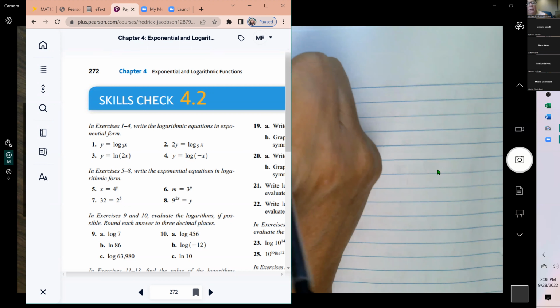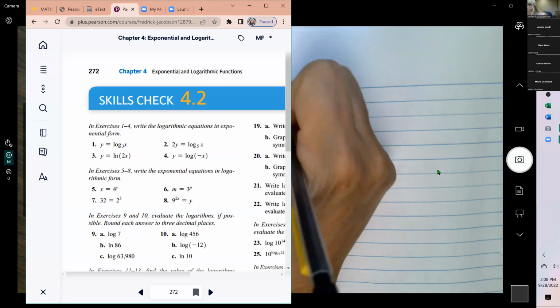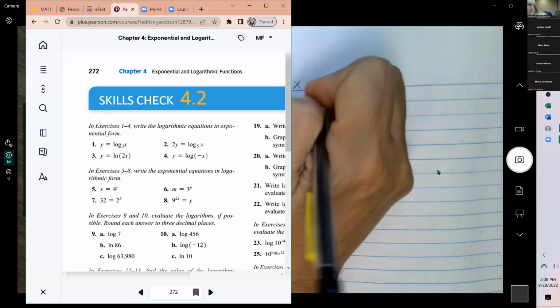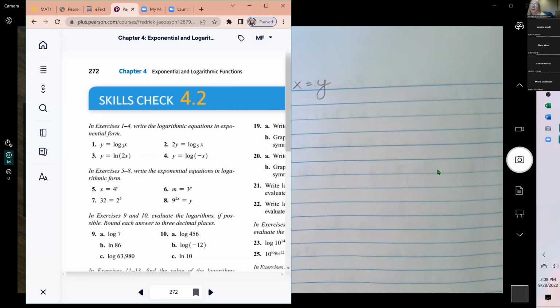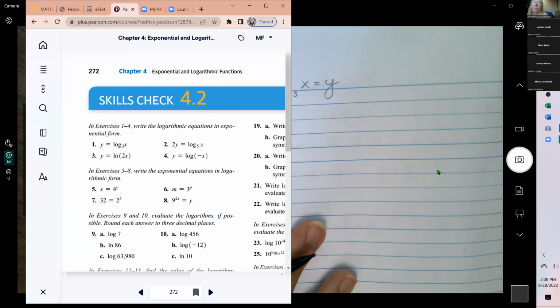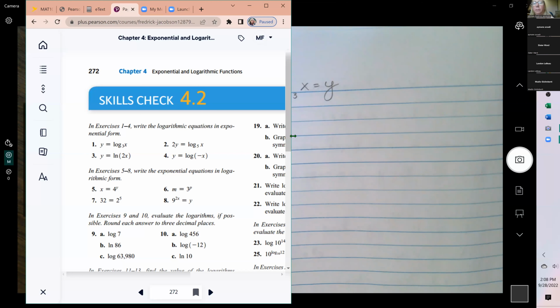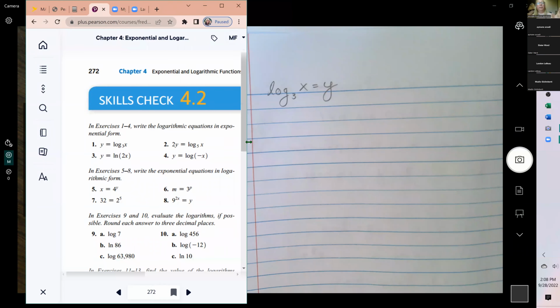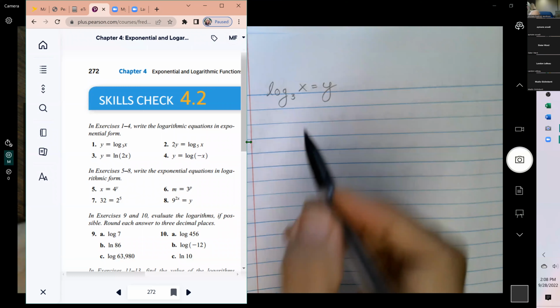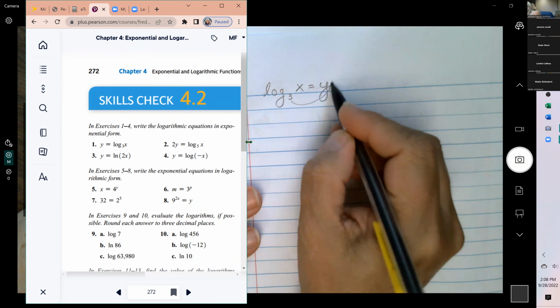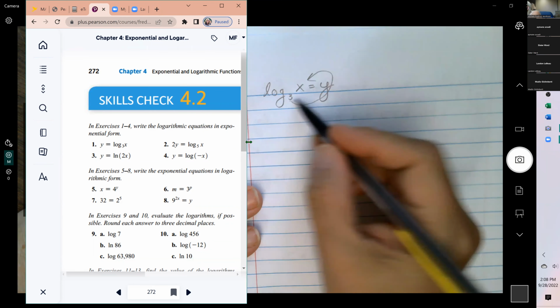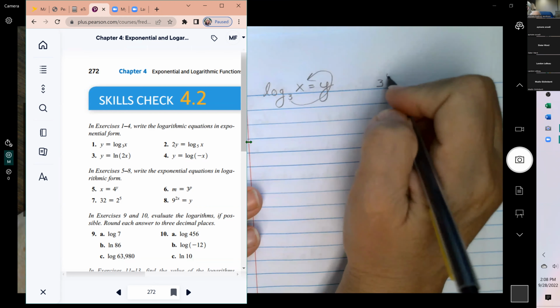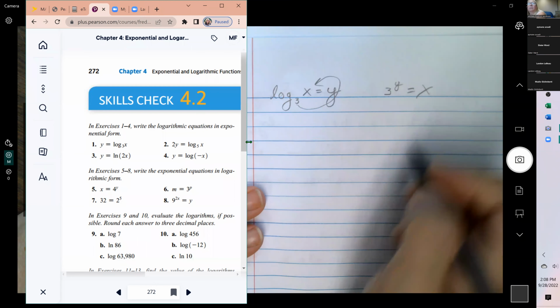If we have log base 3 of x equals y, we want to rewrite it as an exponential. I always put my log first because then I can start with the base and just loop around. 3 to the y equals x.